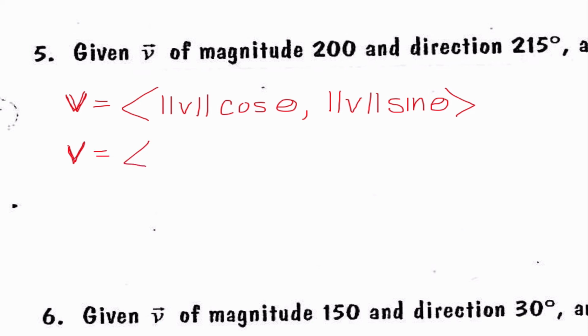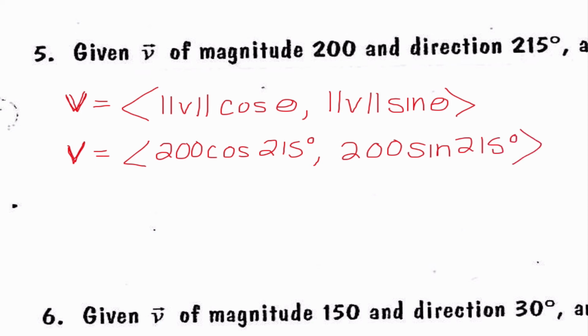So in this case, I would say 200 times the cosine of 215, comma, 200 times the sine of 215. And for those of you that are super visual learners, it might be helpful if you go ahead and draw this out every time like we did on number 4. But we really don't need to do that. We can just use this formula. I end up getting, in this case, negative 163.8, comma, negative 114.7.